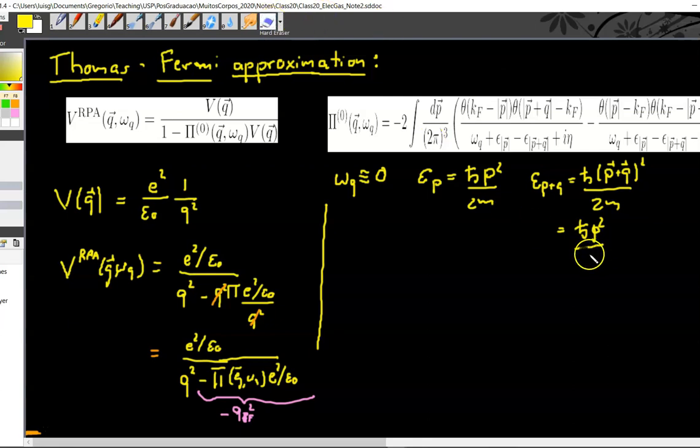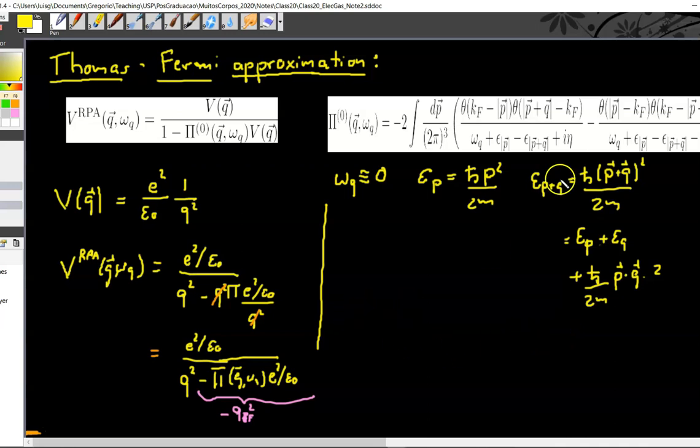Let's write this as h-bar P squared plus h-bar Q squared plus h-bar over 2m times P scalar Q times 2. So yeah, P scalar Q.